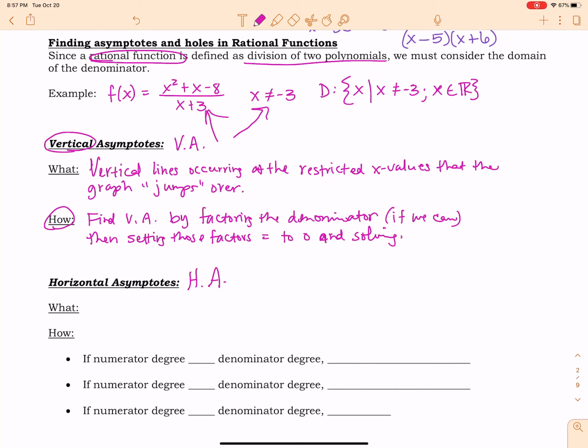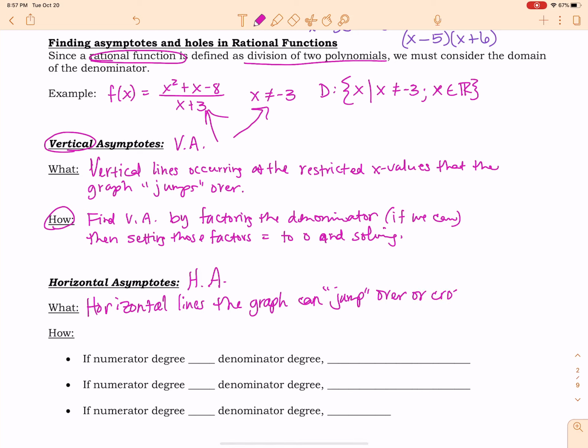Of course, these are going to be horizontal lines that the graph can jump over or cross. A horizontal asymptote's origin does not come from a restriction in the domain. Therefore, your graph can cross a horizontal asymptote.